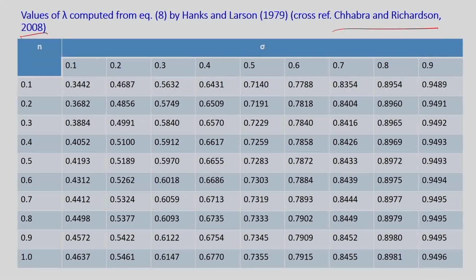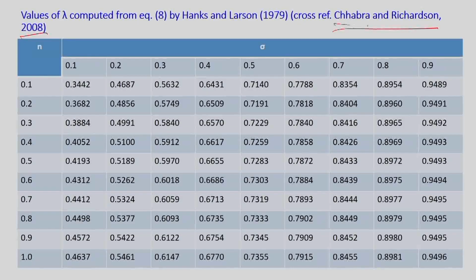However, a few people have done studies and provided charts for different non-dimensional parameters, such as non-dimensional pressure drop and non-dimensional volumetric flow rate. Those details can be seen in the reference book by Chhabra and Richardson. We are not going into those details.